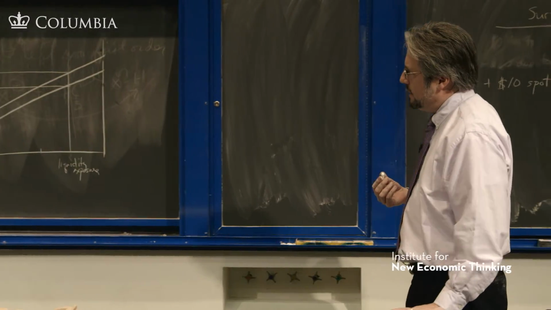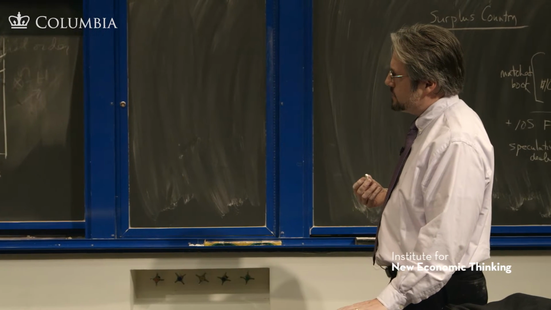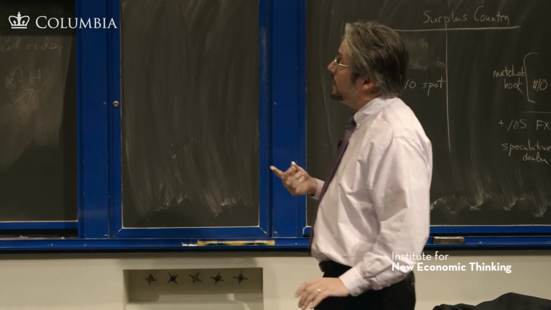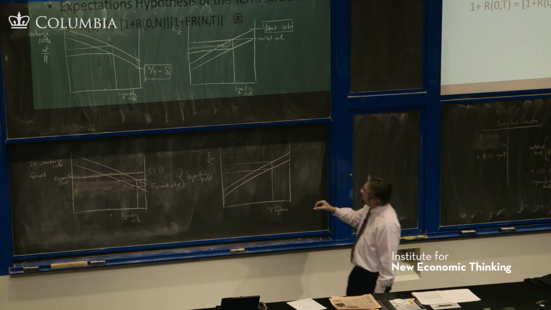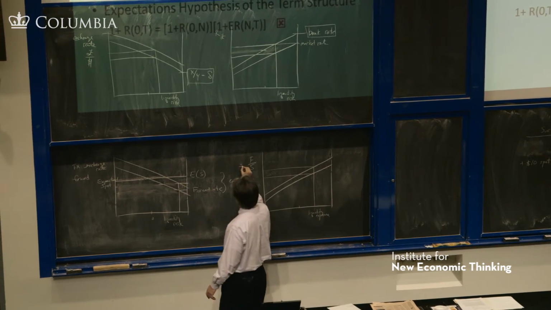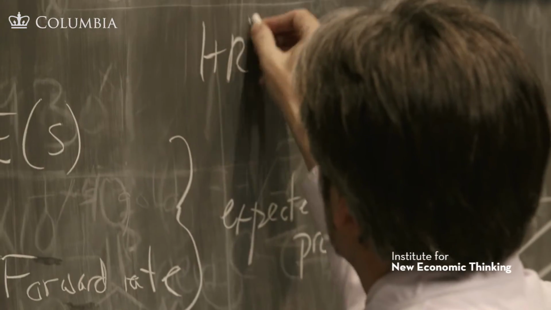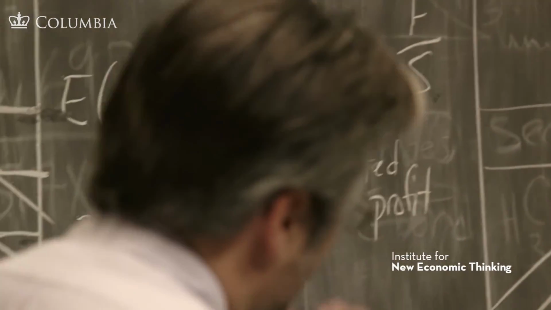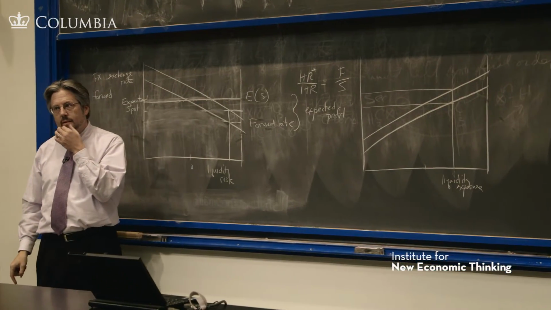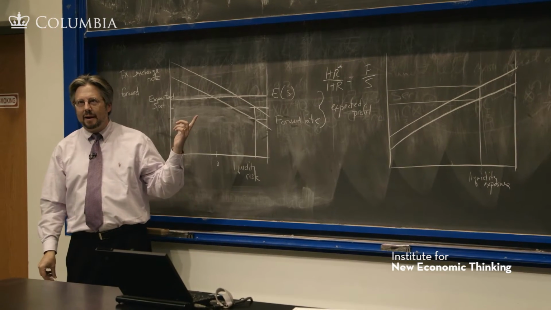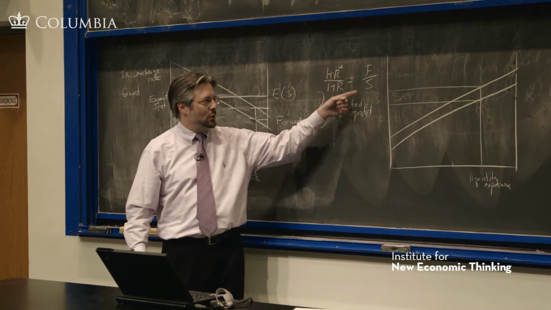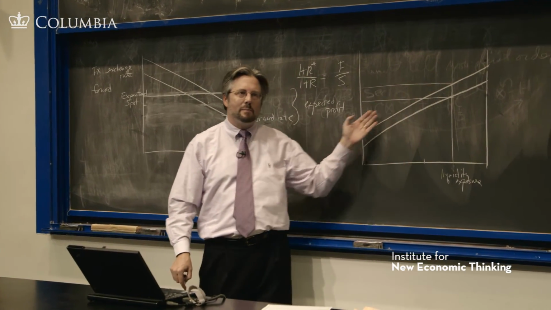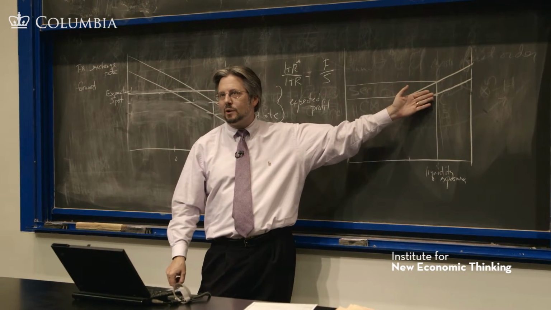The key point is covered interest parity. To realize that F over S is equal to (1 plus R star) over (1 plus R). I'm not violating it; I'm letting F over S move, driven by the matched book dealer looking for profit.